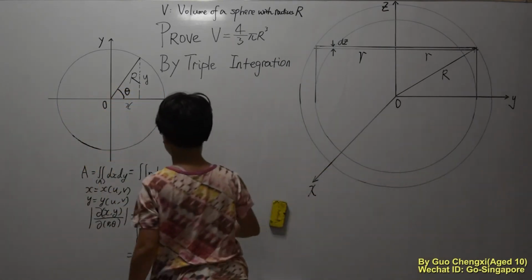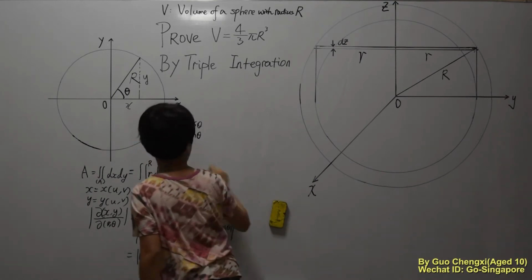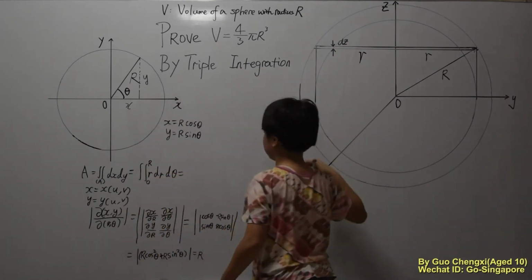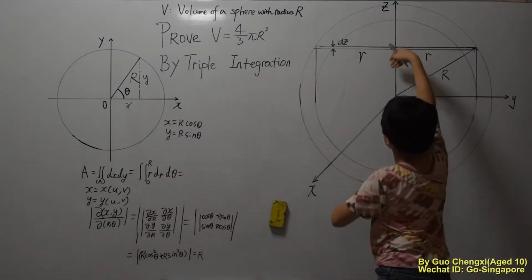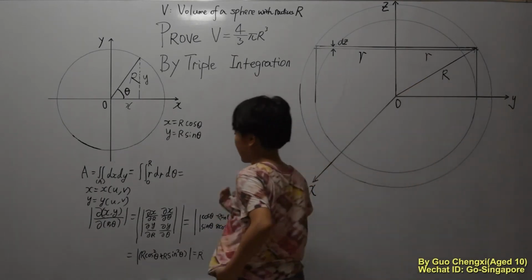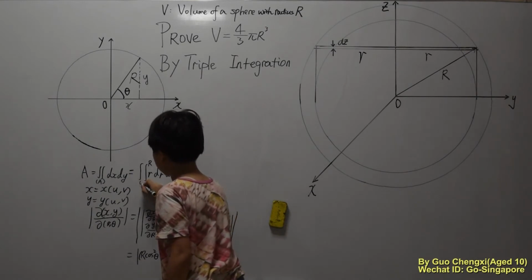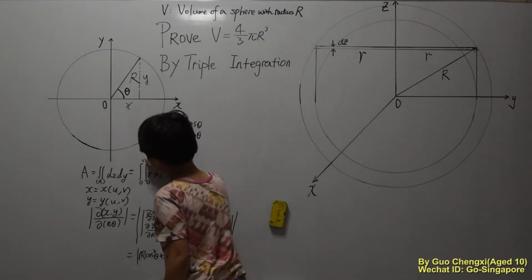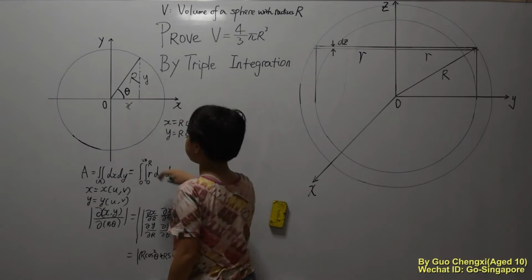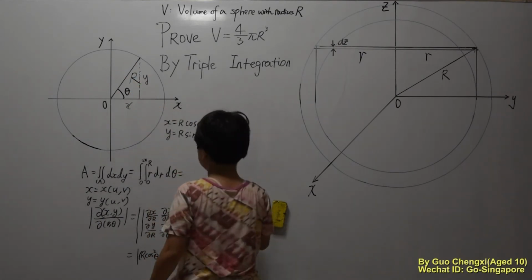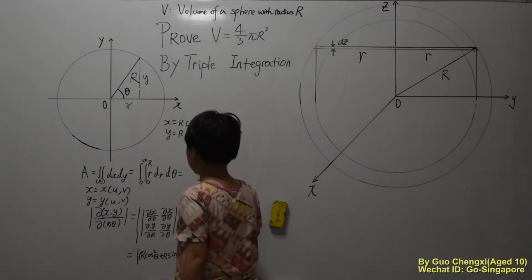So now over here, from 0 to capital R, as this is the actual one. So this is R, this is R. Now over here, what's for theta? 0 to 2 pi over here. Okay, because that can be any degree, and it's 2 pi.